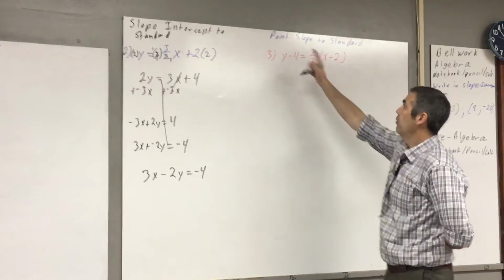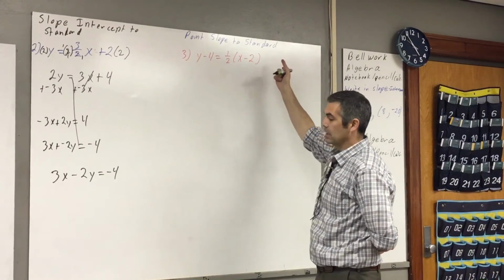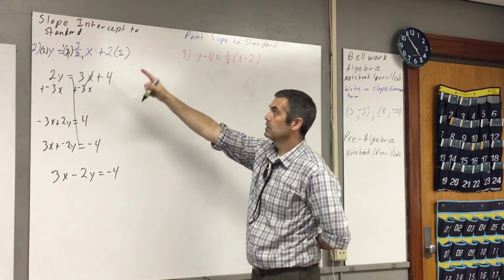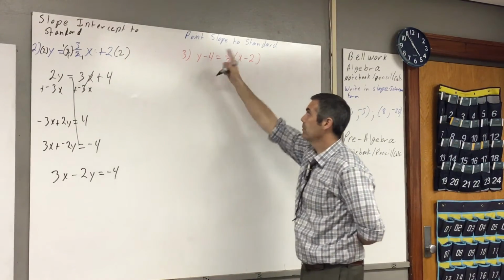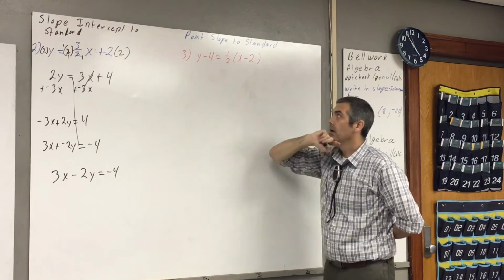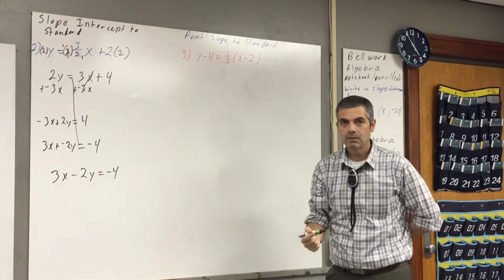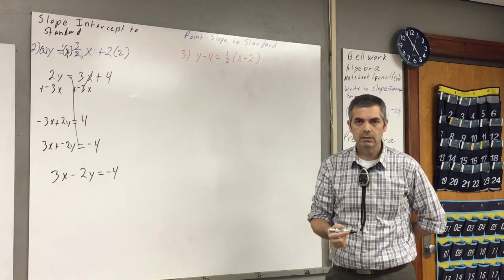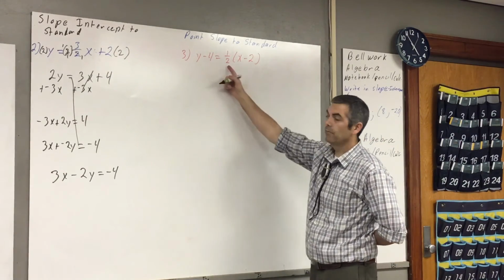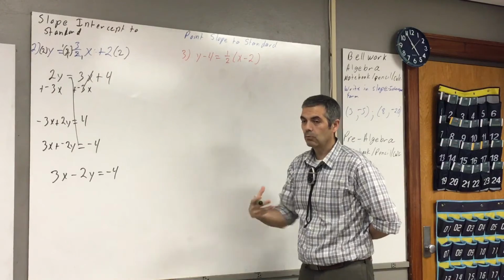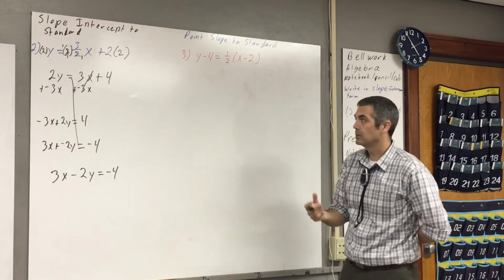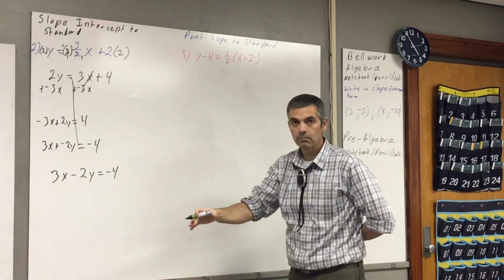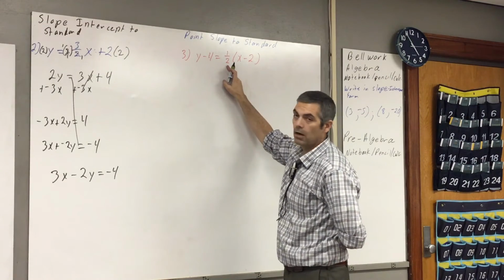All right. Point slope to standard. So over here we went slope-intercept to standard. Here we're going point slope to standard. It's basically the same thing, but you got a few extra steps included into this. Now, we want to get rid of the fraction. We don't want a fraction. Again, we're going to standard where we don't have fractions in this. So we're going to multiply each term by the common denominator.